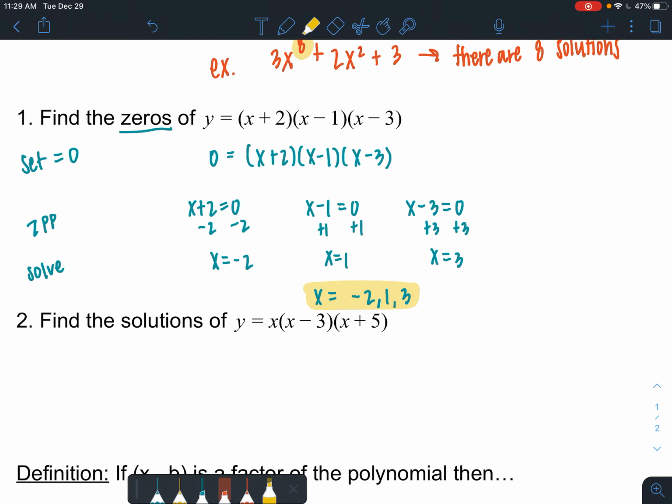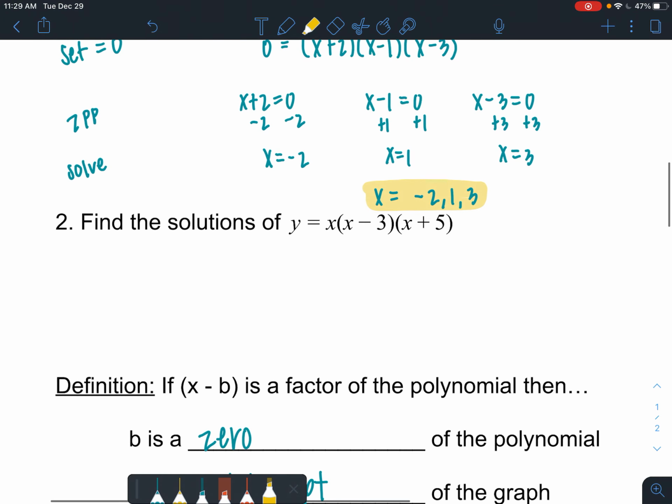Okay. So I want you to go ahead, find these solutions on your own. All right, so first step, we want to set it equal to 0. So we get 0 equals x times x minus 3 times x plus 5. Then we use ZPP.